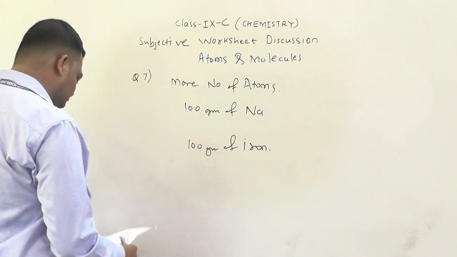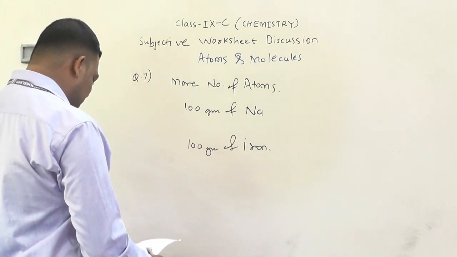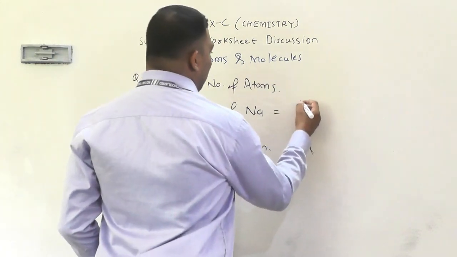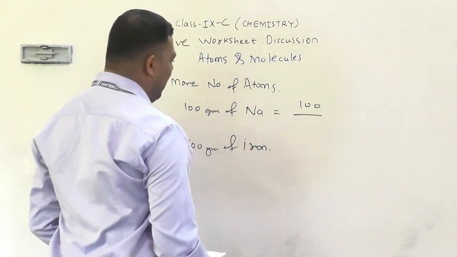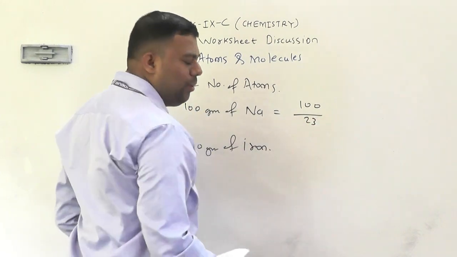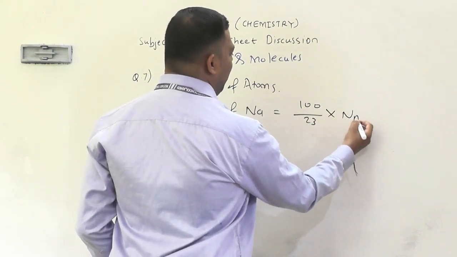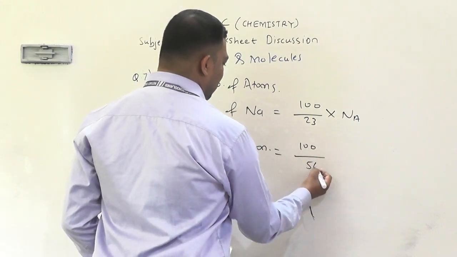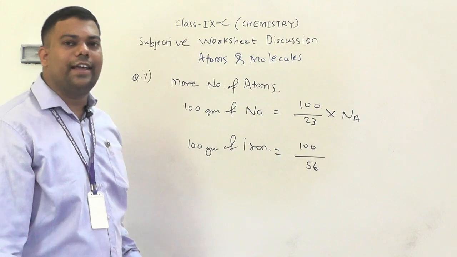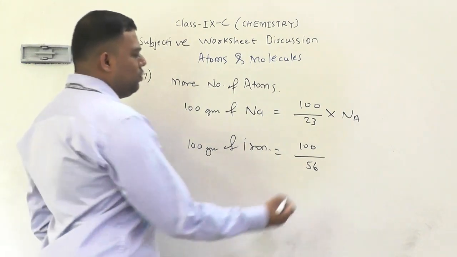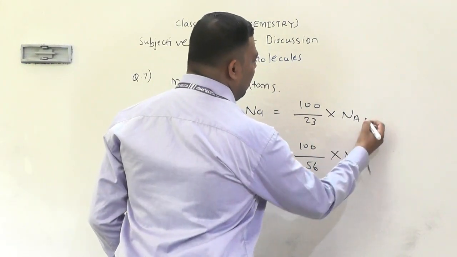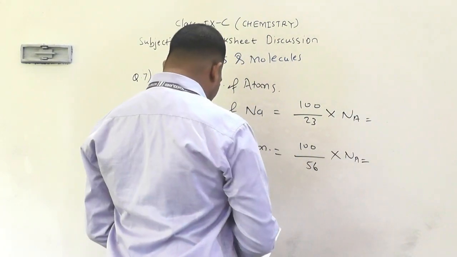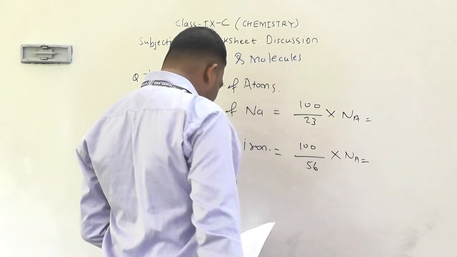Okay, so here we can calculate this easily. More number of atoms, so say 100 divided by Na atomic mass 23, into Avogadro number, and here 100 divided by 56. They gave the atomic mass of iron also in that question. So you can calculate easily.